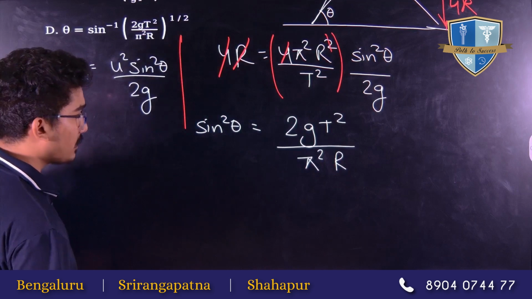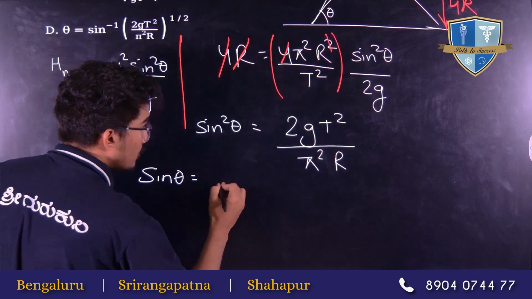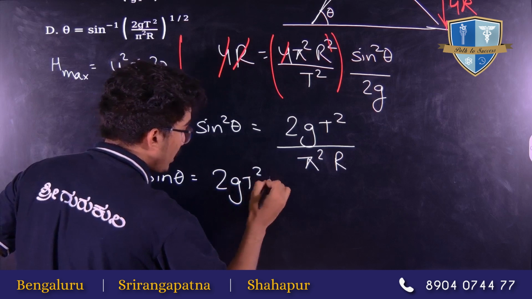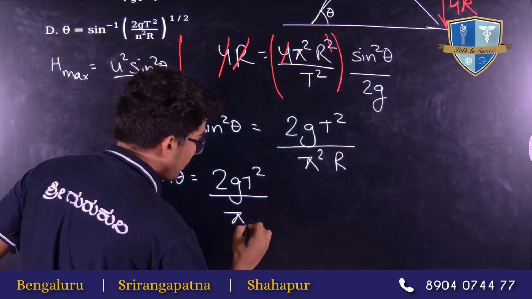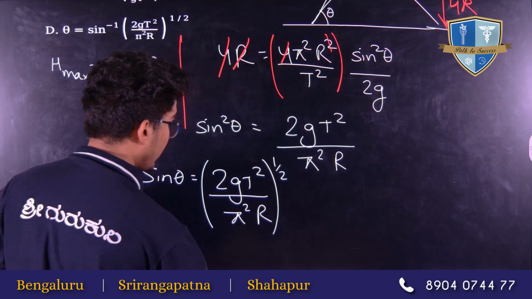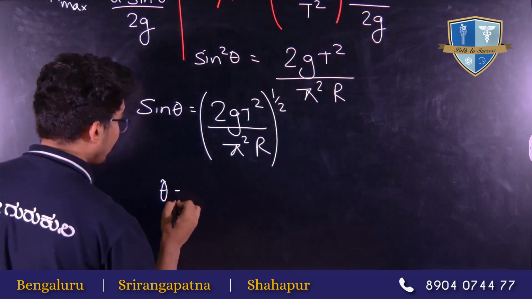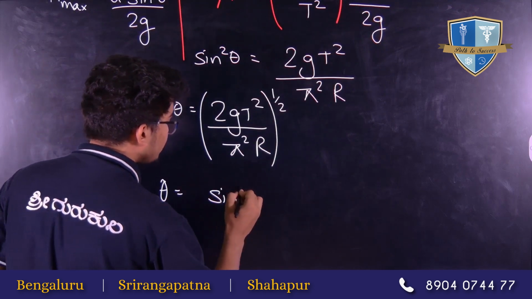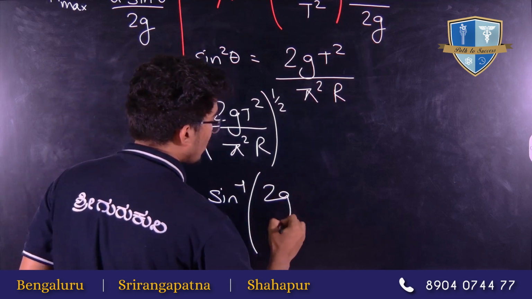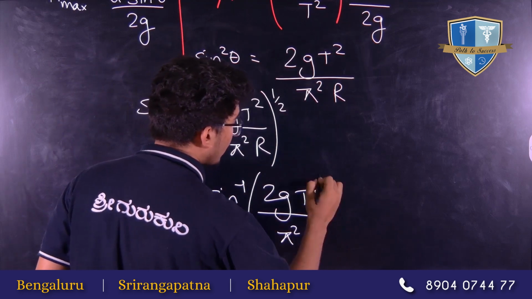Everything done? Yes, everything done. So sin theta will be equal to 2gT square divided by pi square r, to the power 1 by 2, or we can say that theta will be equal to sin inverse of 2gT square divided by pi square r, to the power 1 by 2.